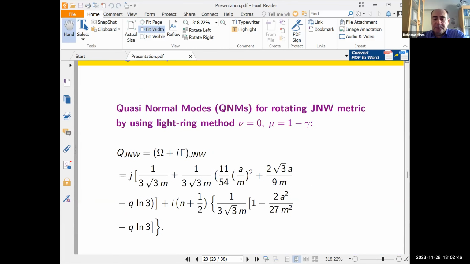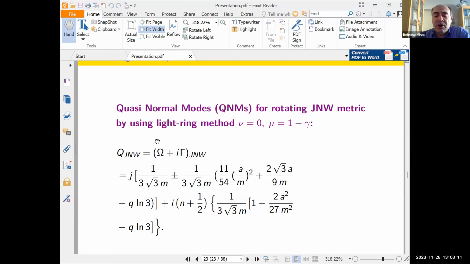The quasi-normal modes of this metric can also be studied. They are quasi-normal because in this metric we cannot separate variables for the wave equations. Therefore, we have to use a method for quasi-normal modes that doesn't need separation of variables.